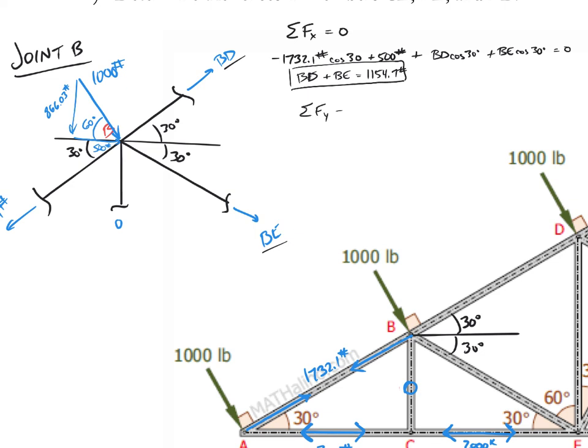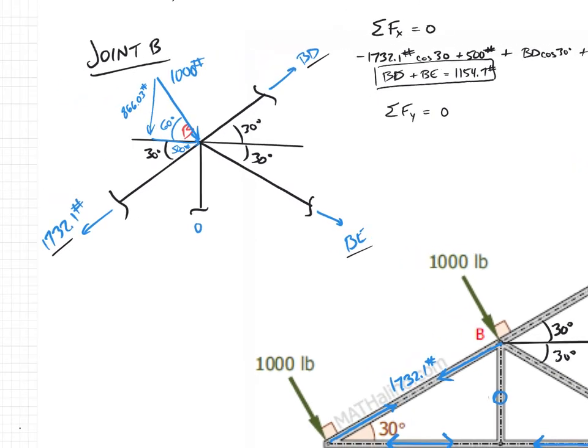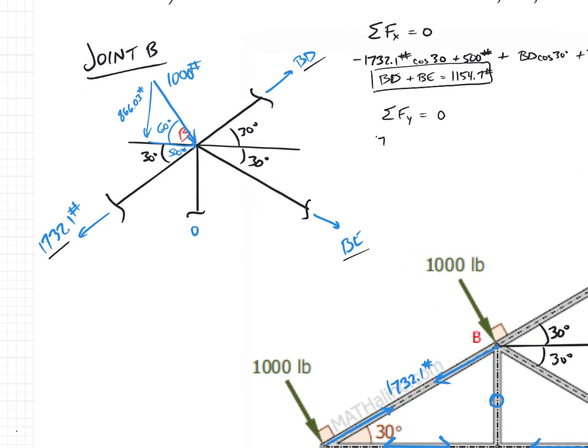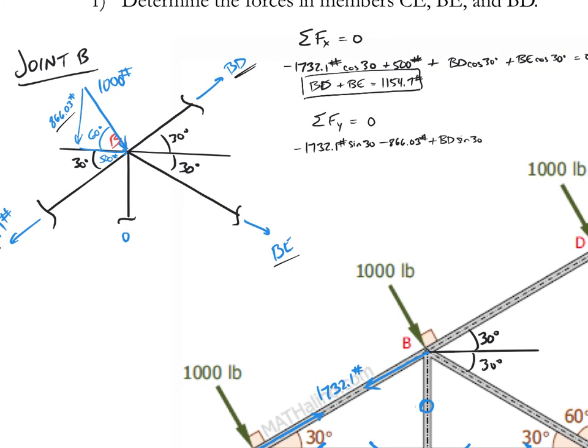Then we'll do the y direction. The sum of the forces in the y direction equals 0. So I've got negative 1732.1 pounds times the sine of 30 degrees, minus 866.03 pounds, plus BD times the sine of 30 degrees, minus BE times the sine of 30 degrees equals 0.